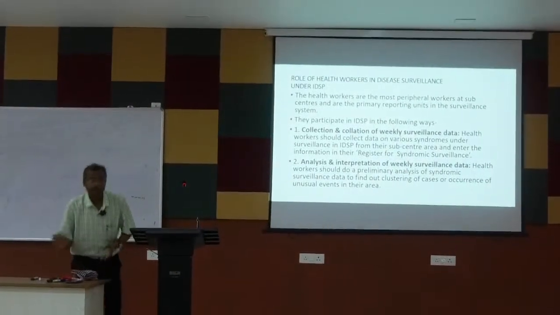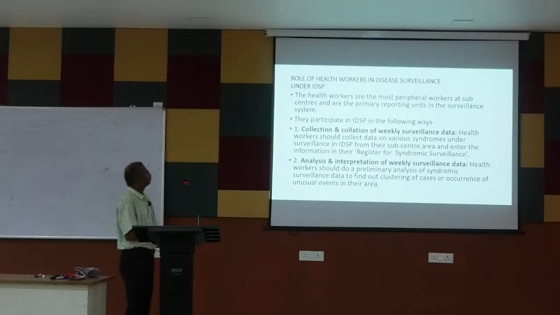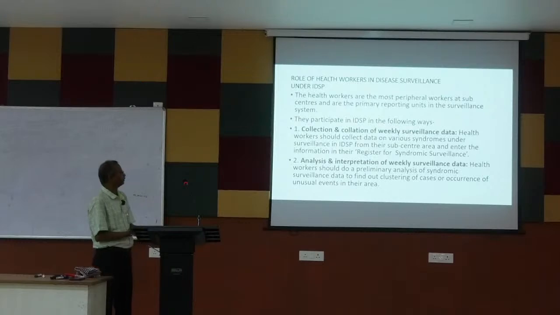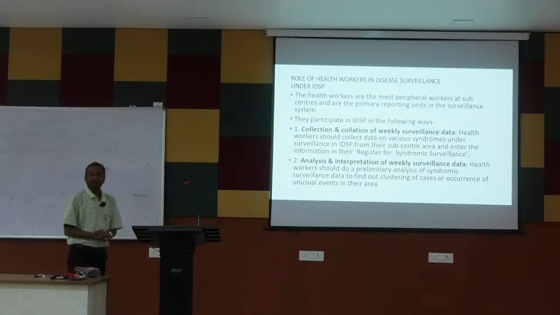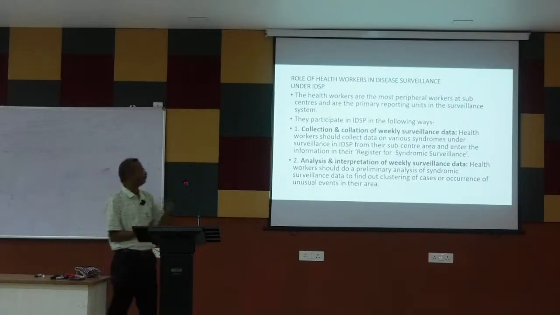How will they do it? The health worker, the most peripheral worker at the sub-center and at the primary reporting units in the surveillance systems, how can they participate? In different ways. Number 1 is collection and collation of weekly surveillance data.